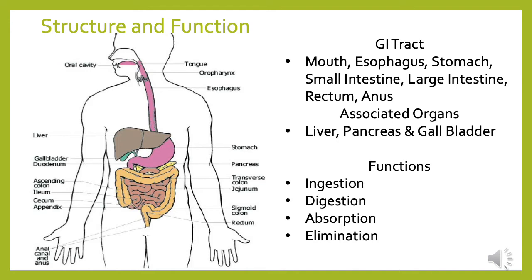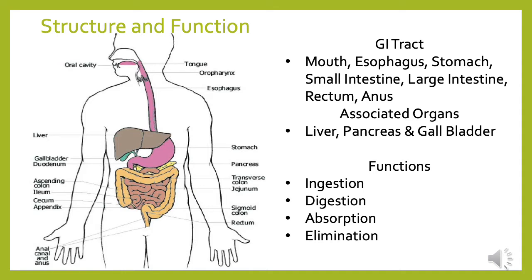So first we're going to go over a little anatomy and physiology, and this is solely to help you understand the GI system. It's kind of like a foundational stepping block, a little review. So the GI tract is composed of the mouth, esophagus, stomach, small intestine, large intestine, rectum, and anus.